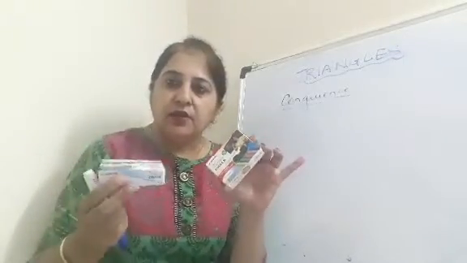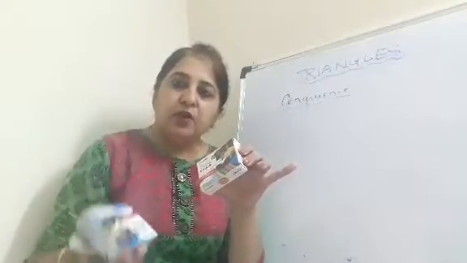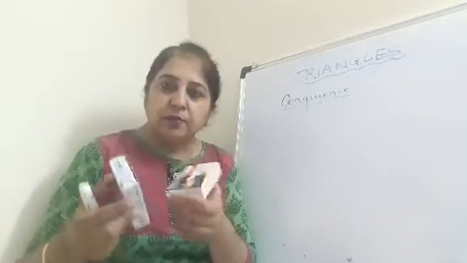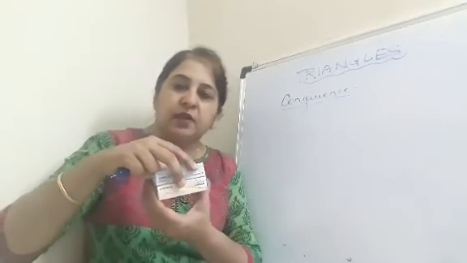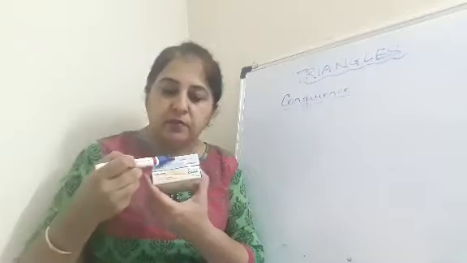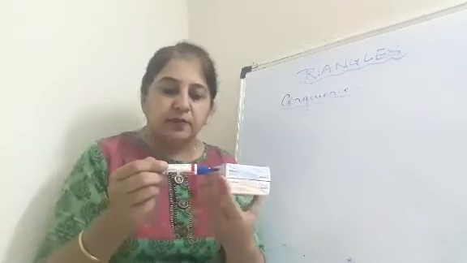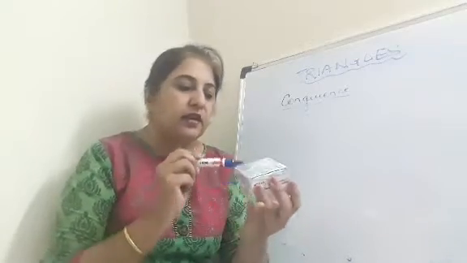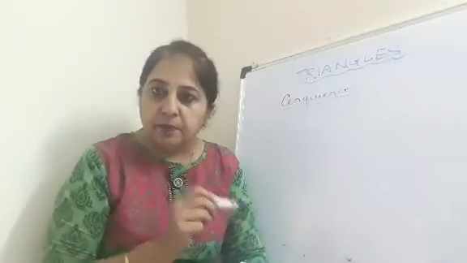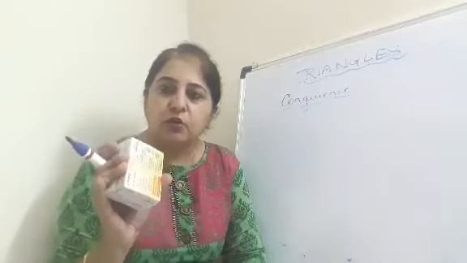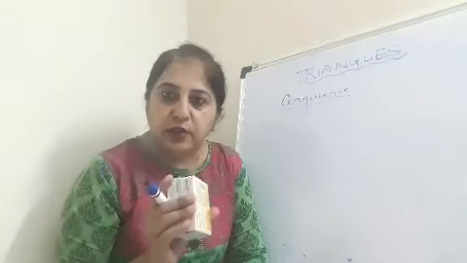Now as you can see, if I keep one on the other, or if I superimpose one on the other, it will exactly cover. Yes, you can see that these four sides are covering each other exactly. So we can say that these two chalk boxes are congruent to each other.